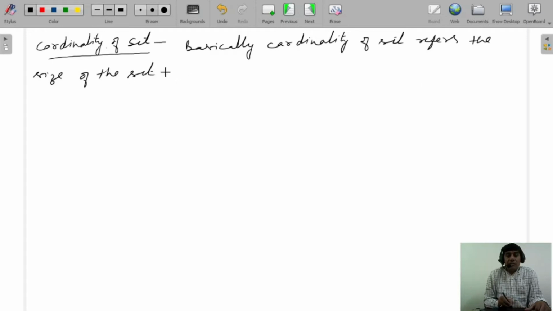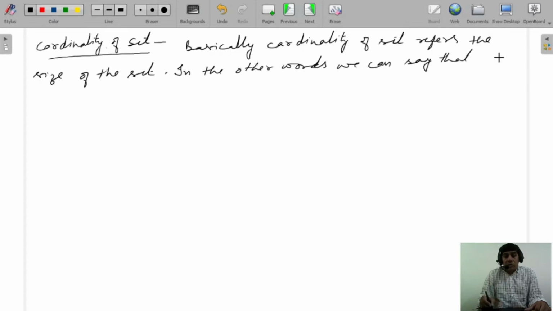In other words, we can say that it is the number of elements in the set.